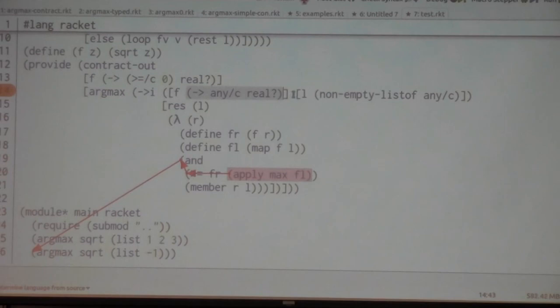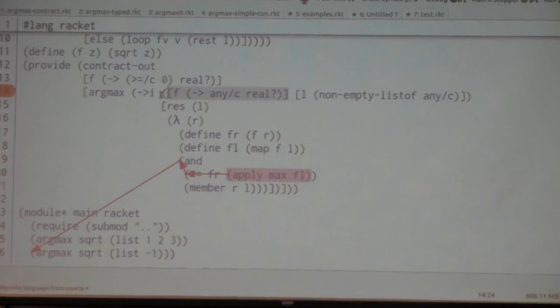Note that in order to do that, we've already called f on L. But so we have an interesting question. What should happen when we call f, which, as you see, has this specification, supposed to produce real numbers, on -1 from inside the contract?